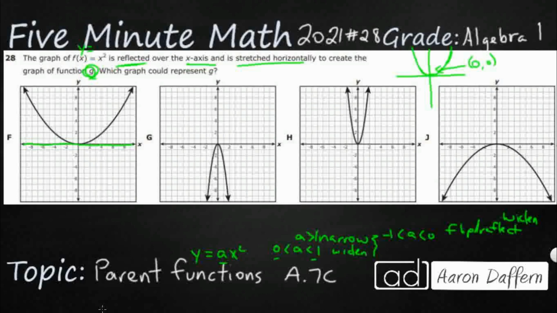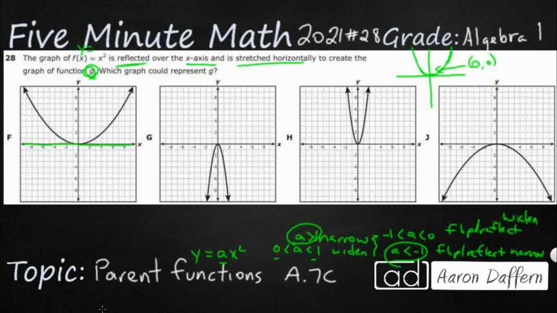And if a is less than -1, then it's going to flip or reflect, however you want to say it, and it's going to narrow. So there's some symmetry here: greater than 1, it's going to narrow facing up; less than -1, it's going to narrow facing down.